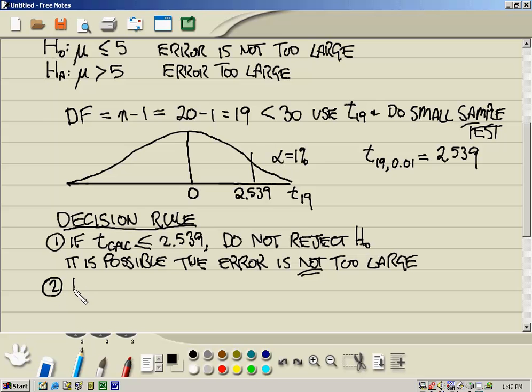Alternatively, if tcalc is greater than 2.539, we can reject the null. Sample value is sufficiently large, and therefore we will accept the alternate.